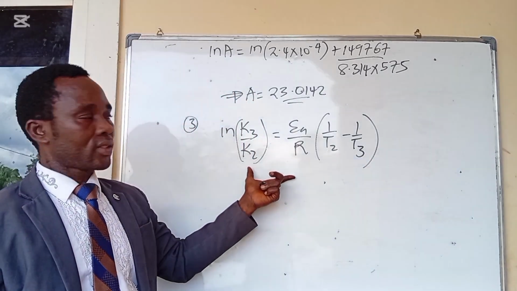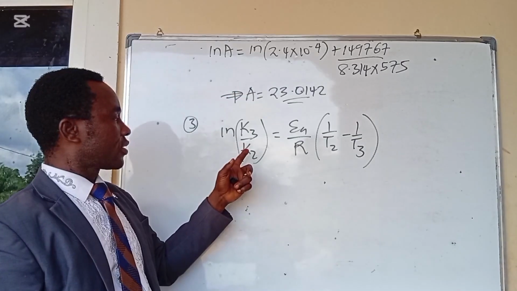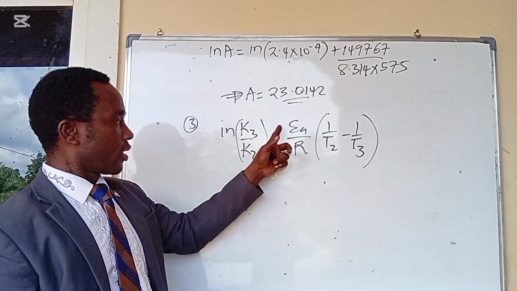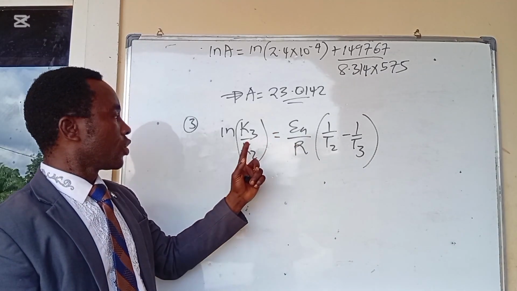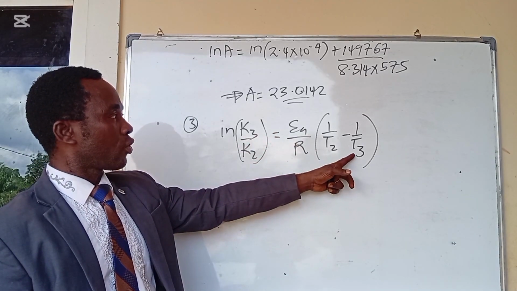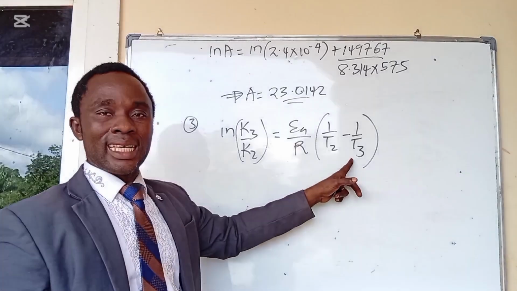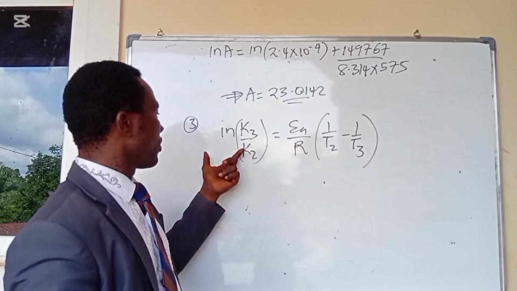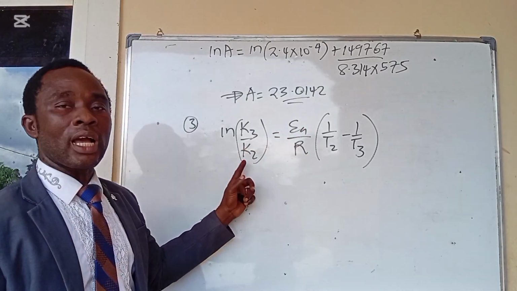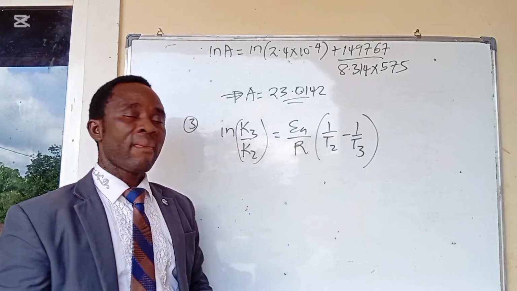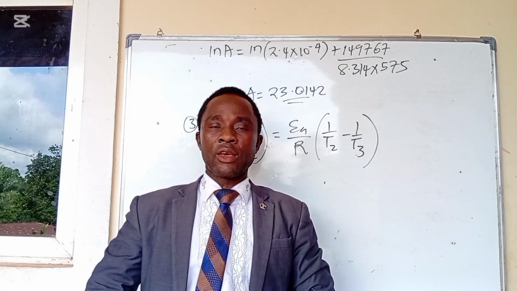If we use this, we know what K2 is; we already have gotten this. The temperature we are using now for T3 is 400. So if we substitute all the values, we can get K3.